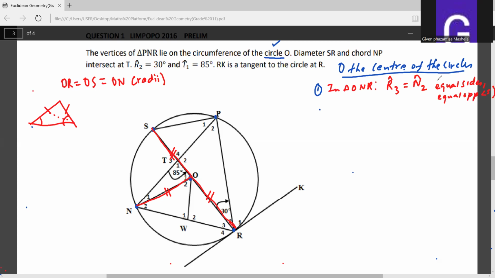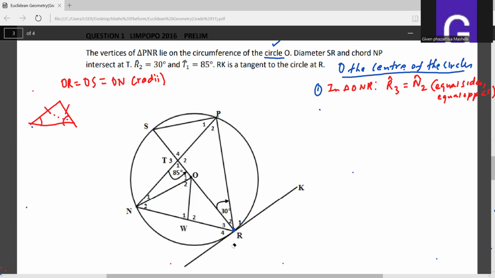The sides are equal, so the angles opposite to those sides are also equal. It's the only isosceles triangle we have, unless I missed something, but I did not. So angle R3 is equal to angle N2, equal sides, equal opposite angles because of radii. So I believe you are now following. Let's move on.